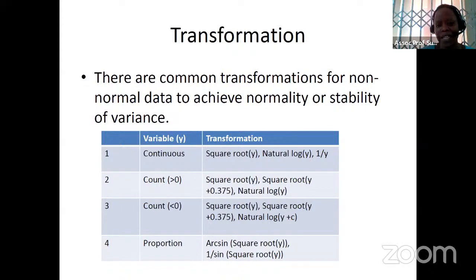So you will find that tomorrow when my colleague Helen talks about logistic regression and log linear, sometimes you decide to model the distribution of the data instead of doing log transformation, because then you will be accounting for the distribution of the data instead of just transforming to make it linearly related to Y. So if you have proportions, you can use logistic regression. Counts, we can use Poisson regression.